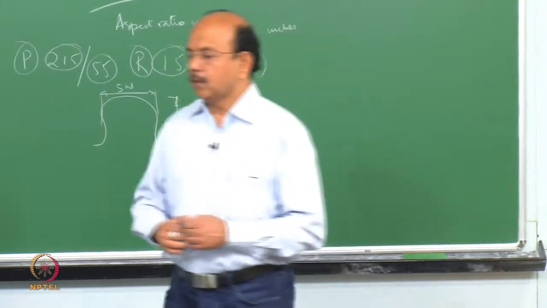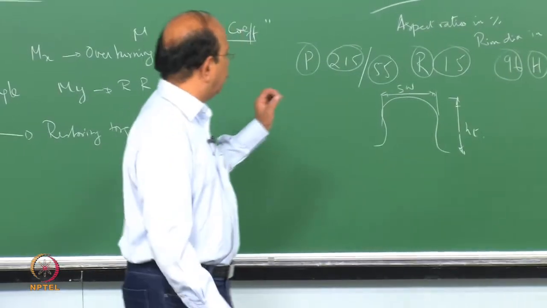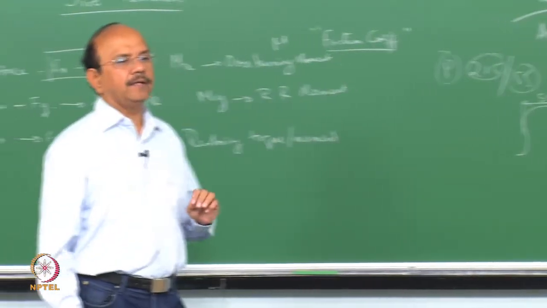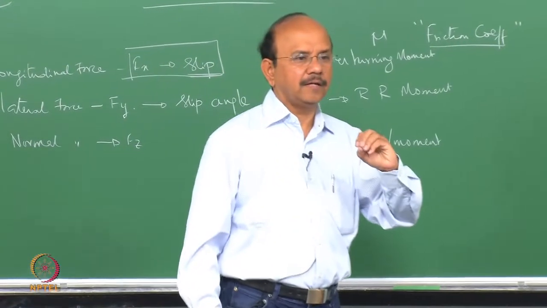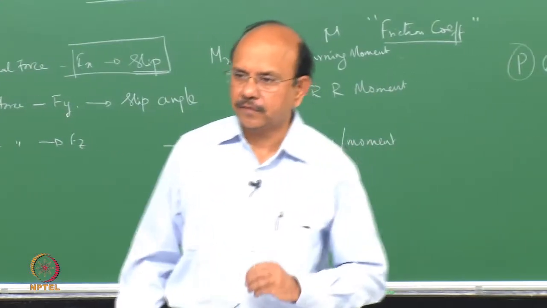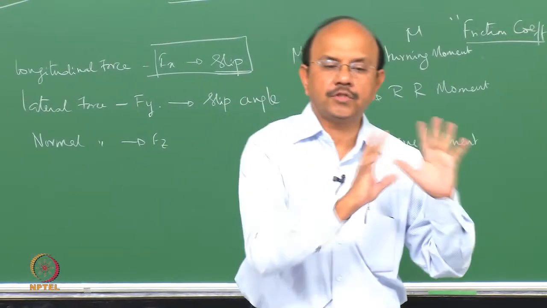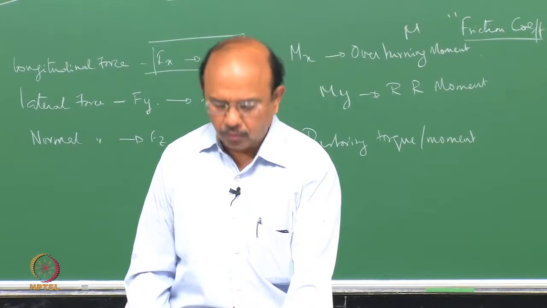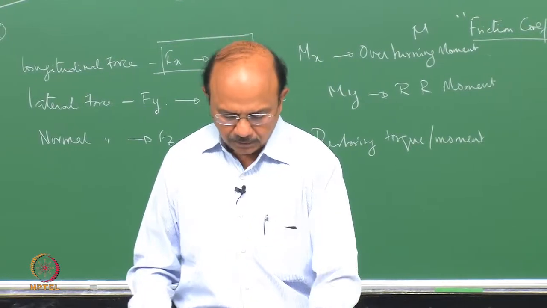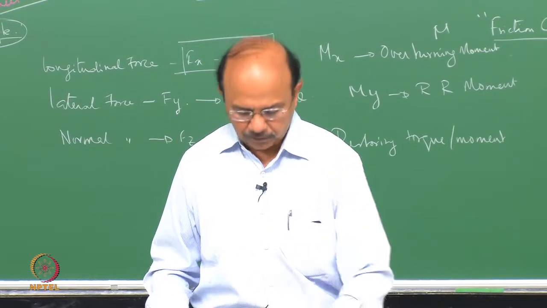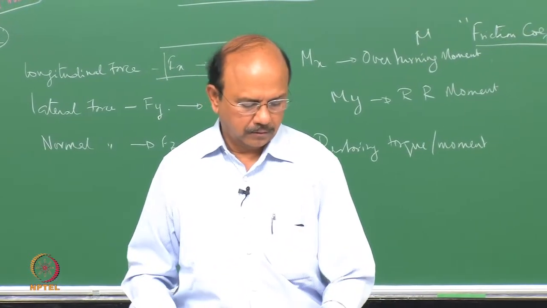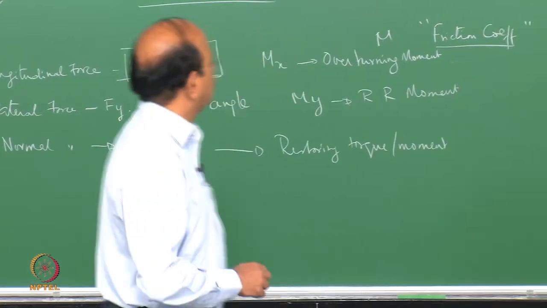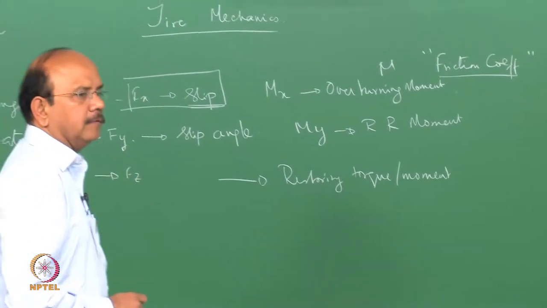Before we delve deeply into the tire per se, we will go from the material of the tire to the construction of the tire, just to give you a background. So let's now look at what the materials are and how they behave.